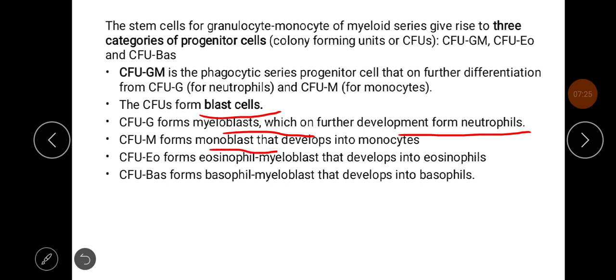CFU-M forms monoblast that develops into monocytes. CFU eosinophil forms eosinophil myeloblast that develops into eosinophil, and CFU basophil forms the basophil myeloblast that develops into basophils.